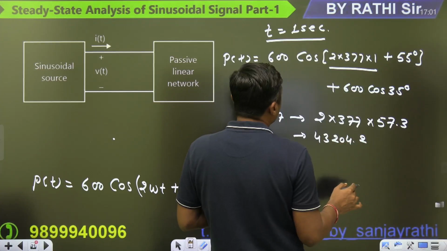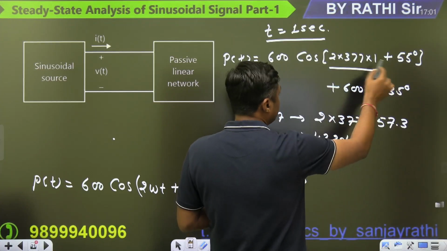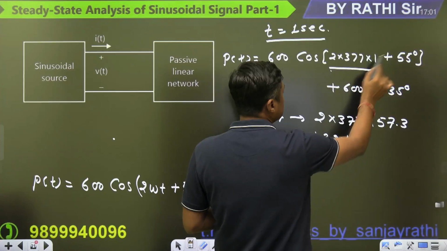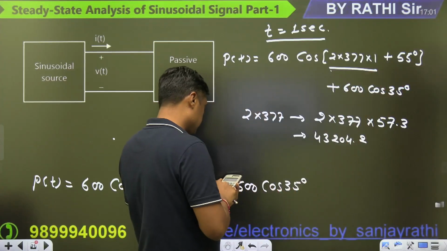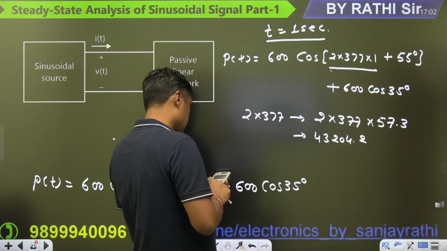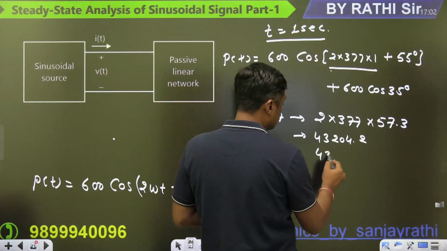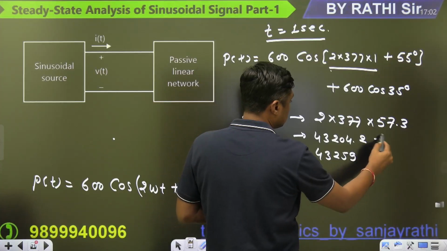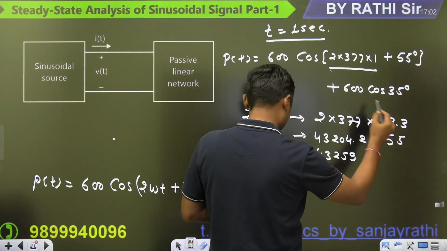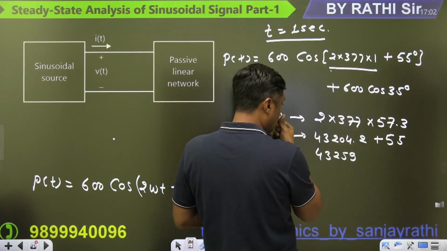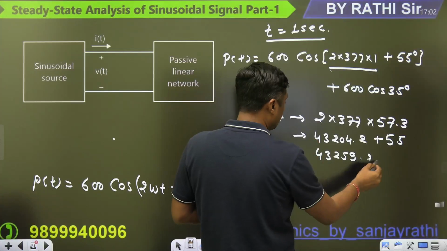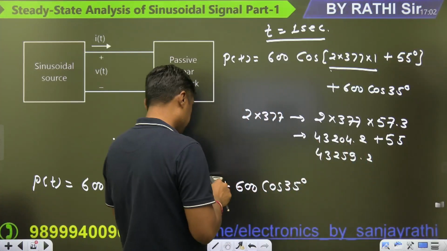Plus 55, this is the value, plus 55, 43259.2. Find the cos of that.